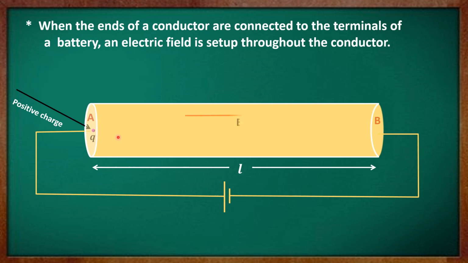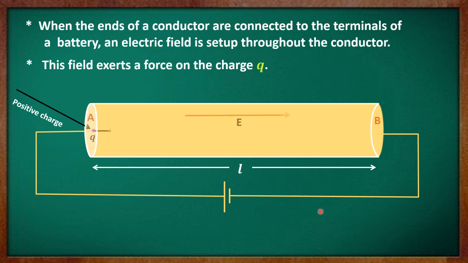Because of that, the charge Q will move from A to B through the length L. Let the force exerted by the electric field on the charge Q be Fe.